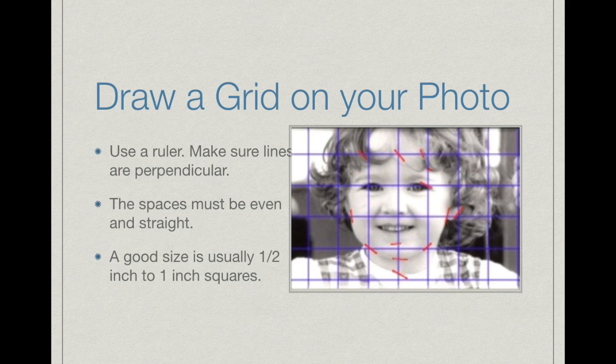So think about the size of your drawing and how detailed it is. The more detailed it is, the more squares that you want. And also make all of your lines perpendicular so that you have perfect squares. That's very, very important. So take your time and get this part really well done.